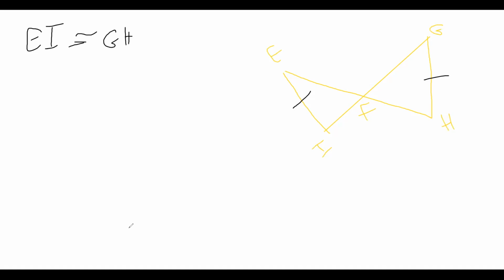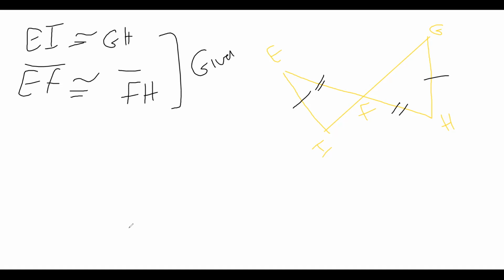And also, he told me that the line segment EF is congruent to the line segment FH. These are given. Okay? I want you now, by the postulate SSS, to prove that these two triangles are congruent.